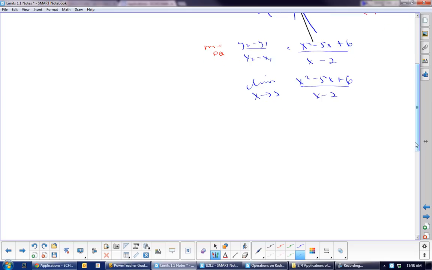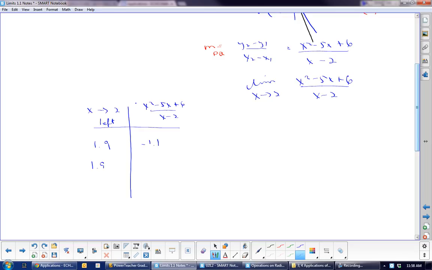Okay, so if we did it here, we'll do x approaches 2 from the left. So if you put in, well, let's start with 1.9. If you put 1.9 into that, x squared minus 5x plus 6 over x minus 2, you get the answer negative 1.1.